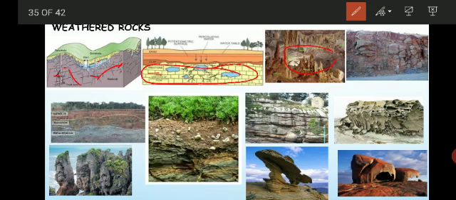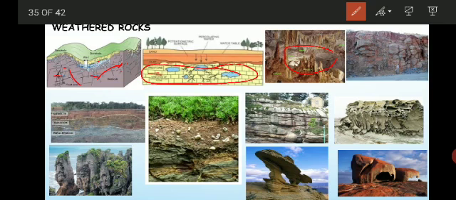Its composition is calcium carbonate, that is CaCO3, and because of this the rocks undergo weathering. It starts dissolving because the water which is percolating down will have some dissolved minerals in it, so it will react with the calcium carbonate and the rocks undergo weathering.